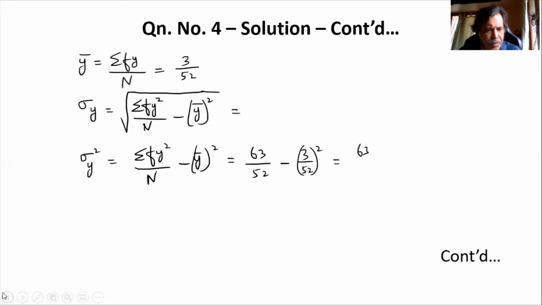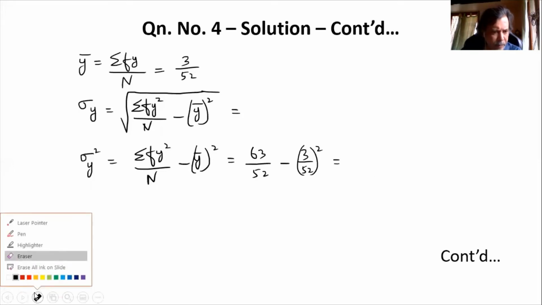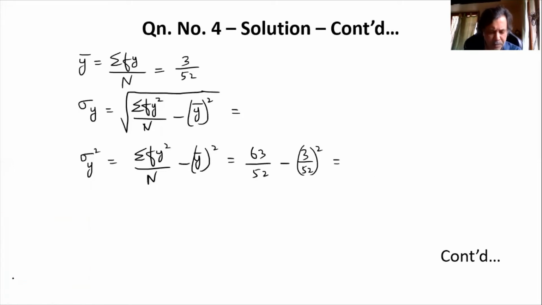Let us directly substitute. First, let me calculate 63 by 52. It is 1.21, and then 3 by 52, whatever result we get, we are going to square it. That we will have 0.0033. Now let us subtract these two.